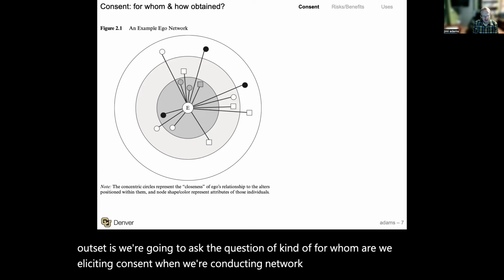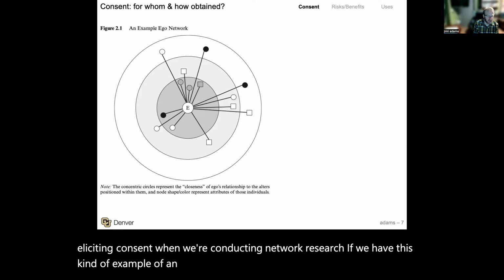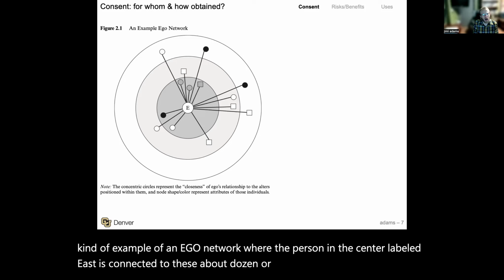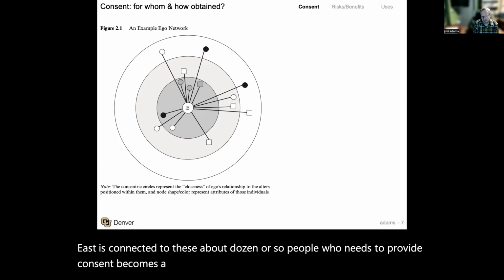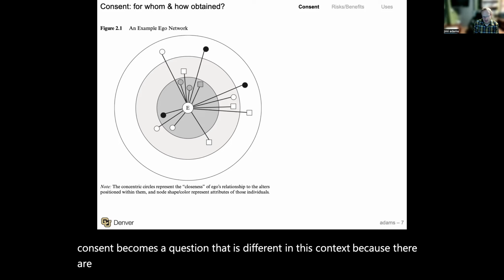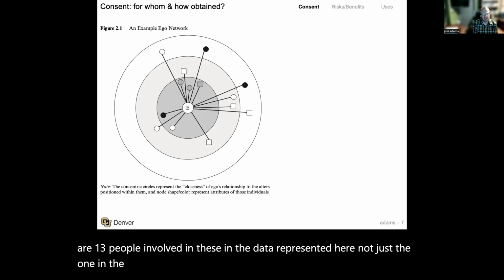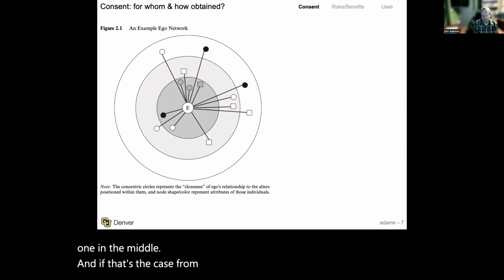If we have this example of an ego network where the person in the center labeled E is connected to about a dozen or so people, who needs to provide consent becomes a question that is different in this context, because there are 13 people involved in the data represented here, not just the one in the middle. And if that's the case, from whom do we need to elicit consent?